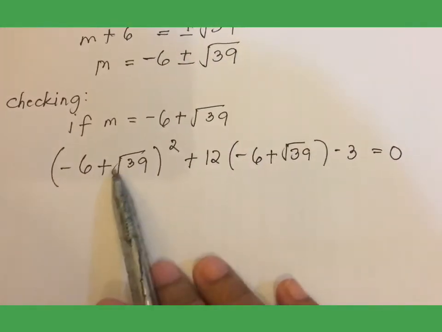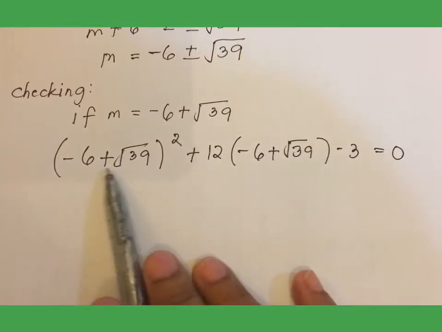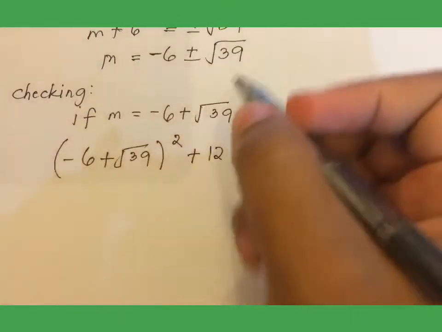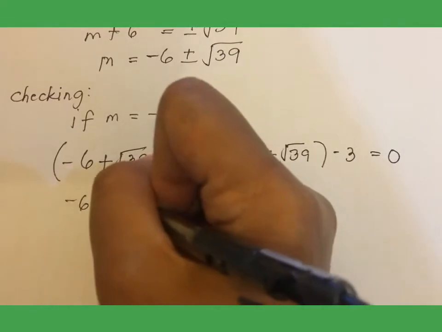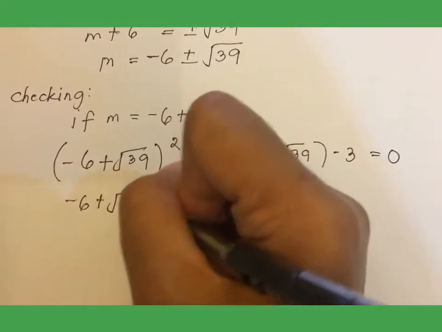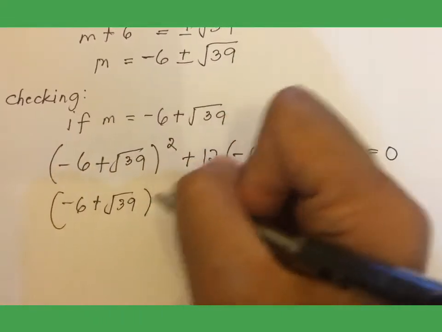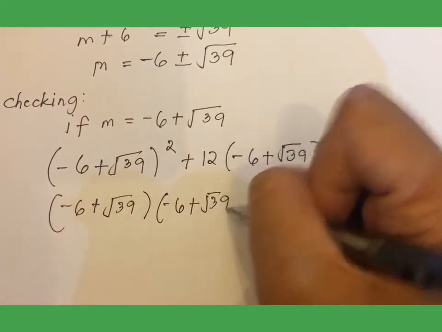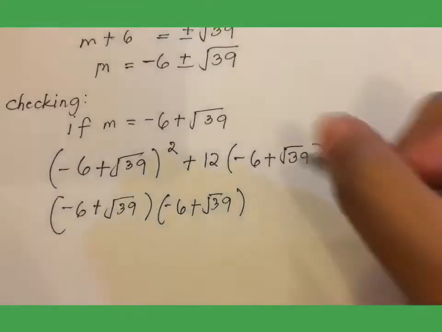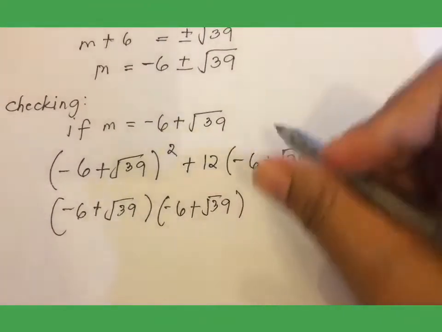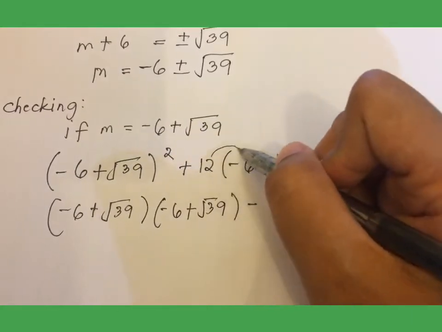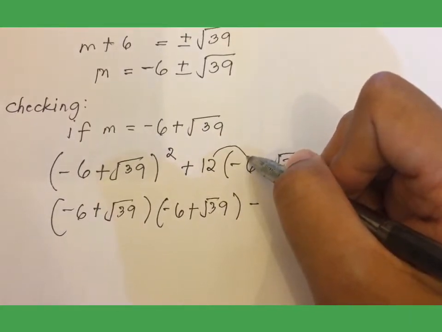Now, this is a square of a binomial, so it's like rewriting it as negative 6 plus square root of 39 times negative 6 plus square root of 39.